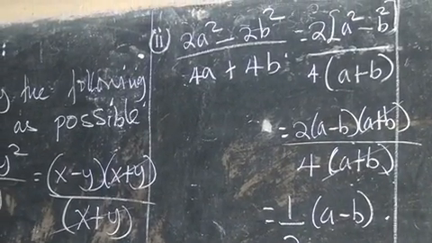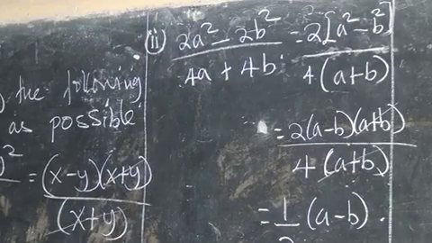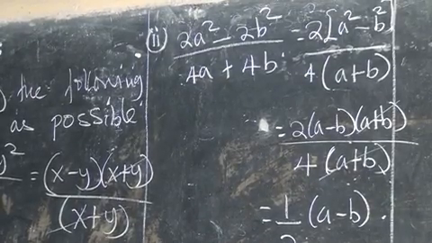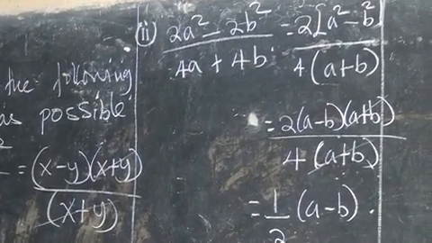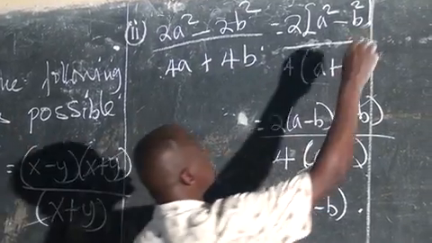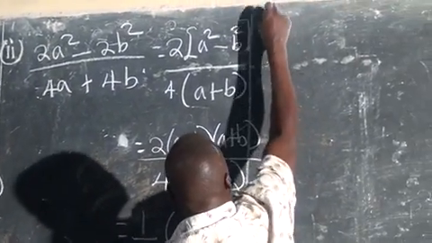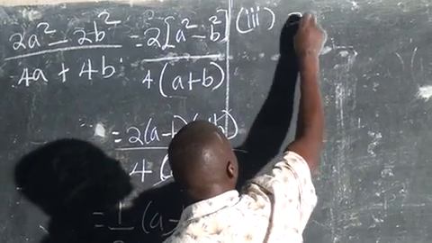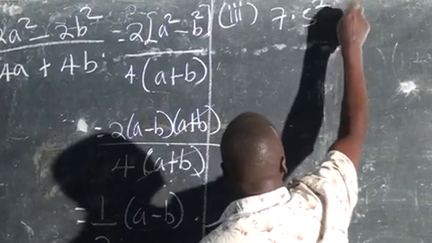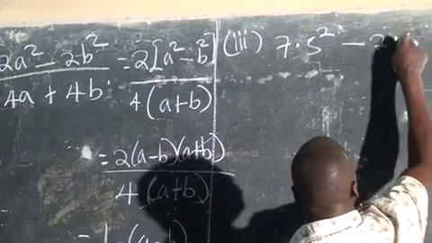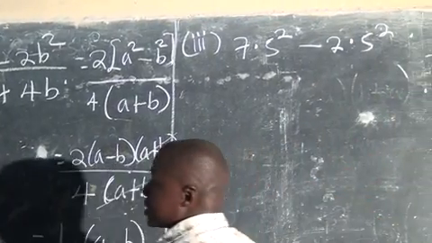Next, we can have this. Number 3. We have 7.5 squared minus 2.5 squared.